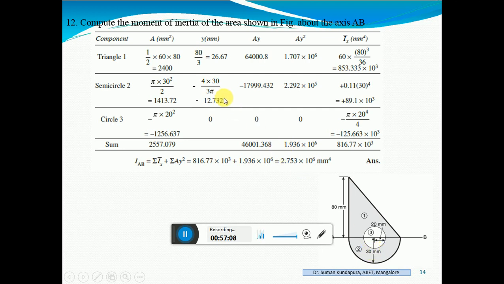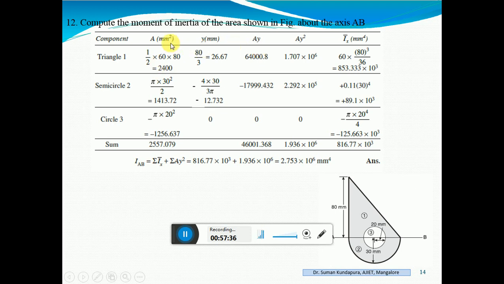So it is lying on the negative y-axis, so it is minus 4r by 3 pi. The circle CG lies somewhere here, and the reference axis is passing through the centroidal axis of the circle. So I don't have a y distance, so the y distance is 0. They both are coinciding, so the y distance is 0.